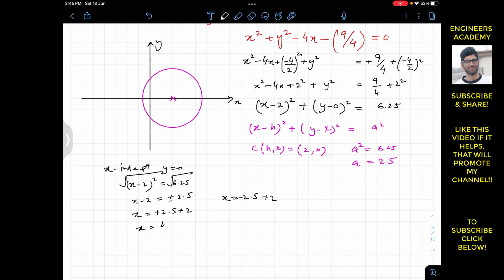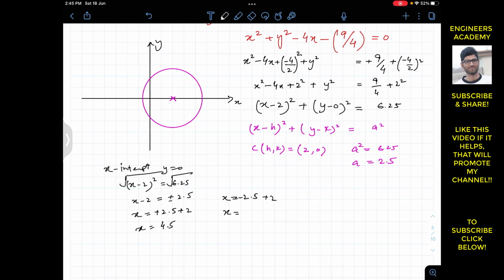So x is equal to 4.5, and similarly from this we will get minus 0.5.